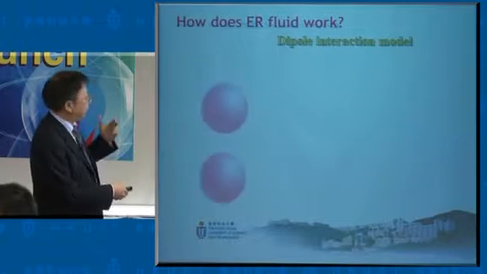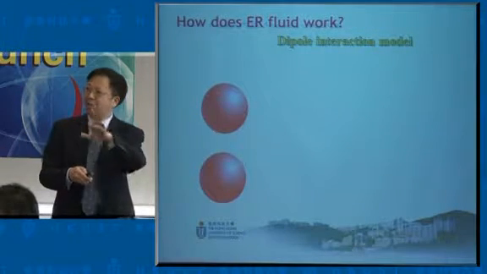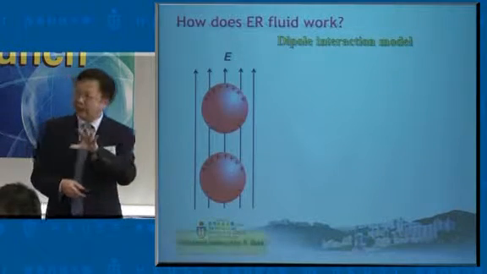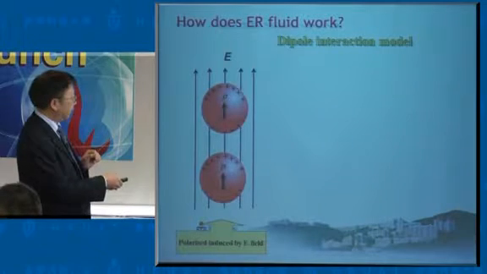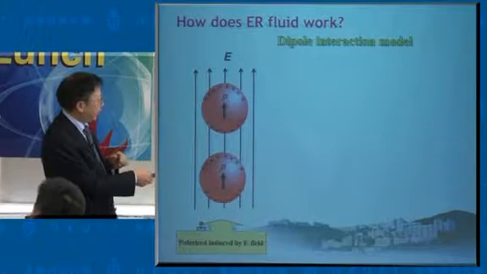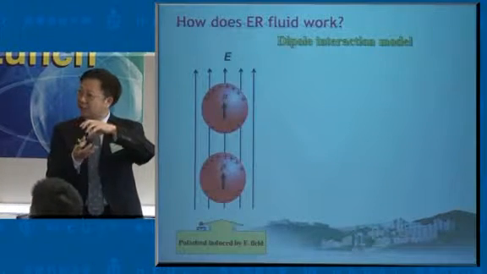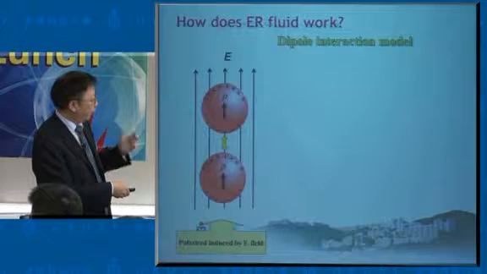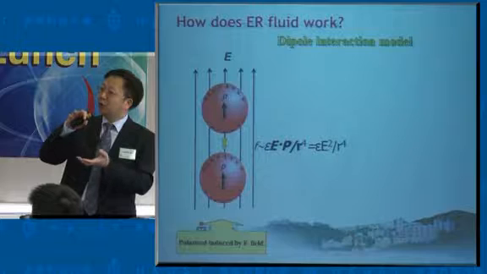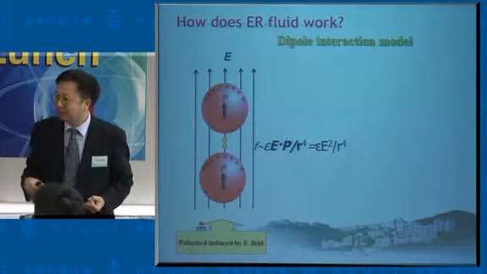You can see here, there are two particles suspended in oil, and an electric field is applied. The particles will be polarized, meaning the positive and negative charges go to the two ends. The positive and negative attract each other, like a magnet, N and S attracting each other. This attraction force is proportional to the applied electric field, so you can change the voltage, and you change the force between the particles.